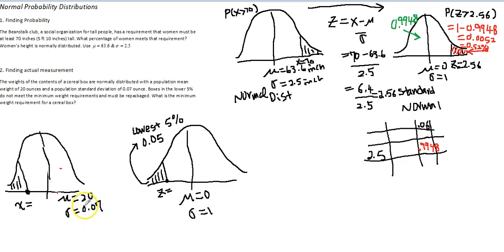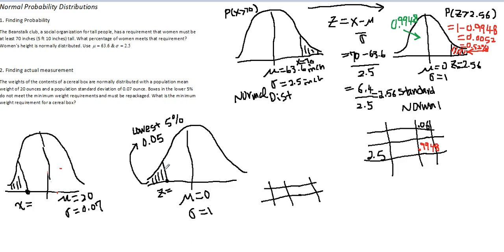Here we have to find out what the z-score is, so you need to go to a table. At this time we have to find the probability. You're not going to have exactly 0.05 most of the time, but we need to find the one that's very close to 0.05. Since this is on the left, we go to the negative z-scores.